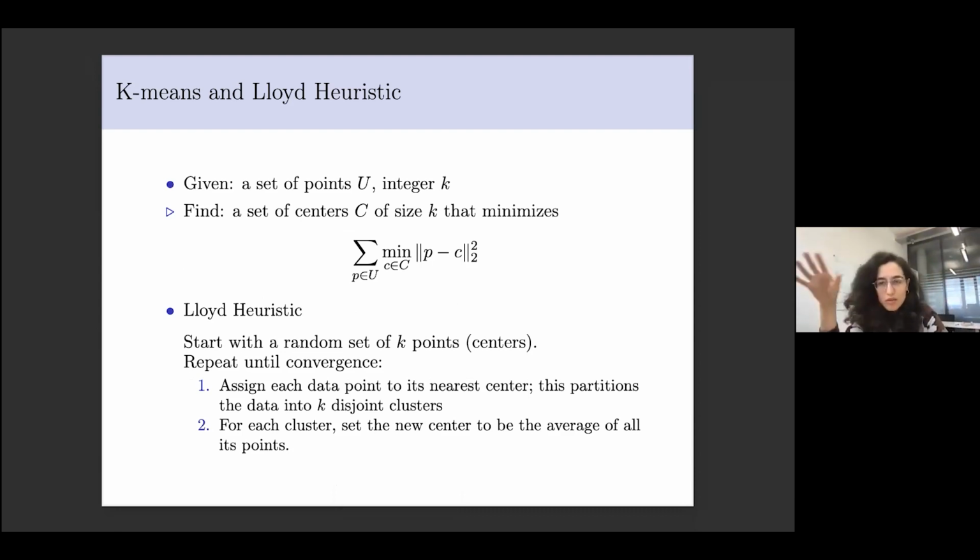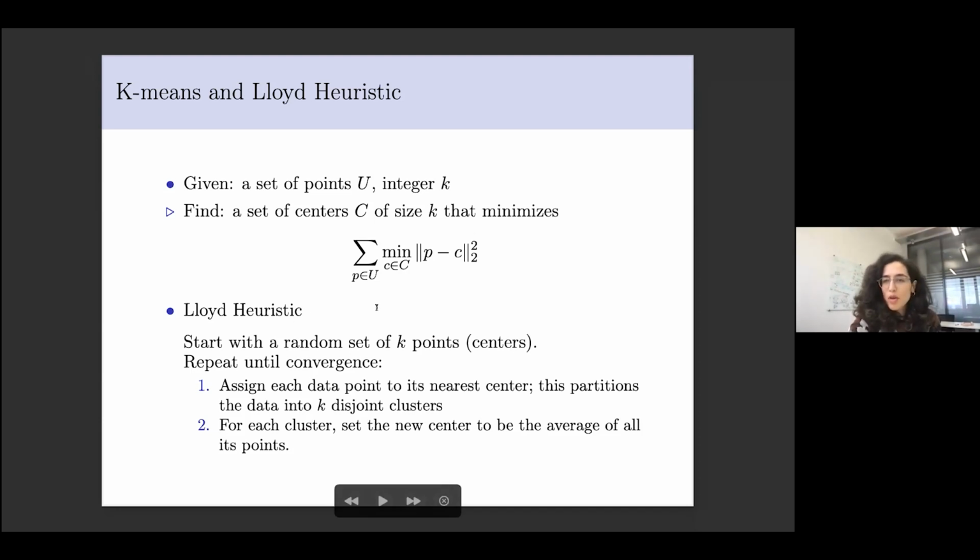They don't have to belong to the set. So you want to find k centers such that if you assign each data point to the closest center, this induces a partitioning on the data, then you want to minimize the squared distance of each data point to the closest center, right?